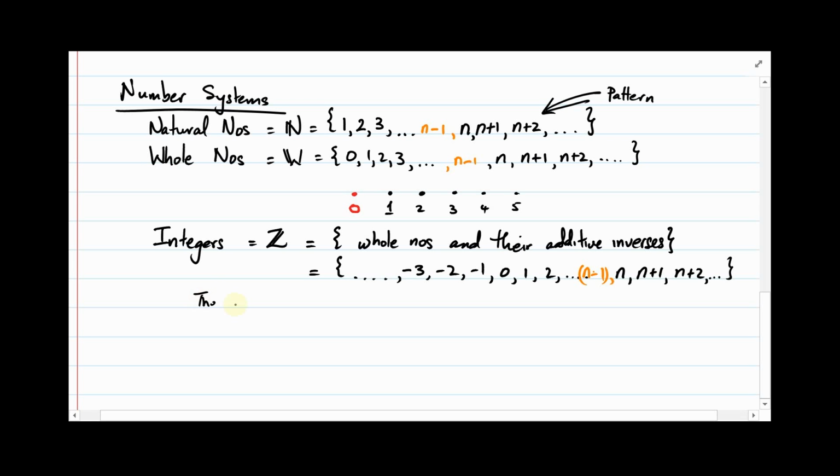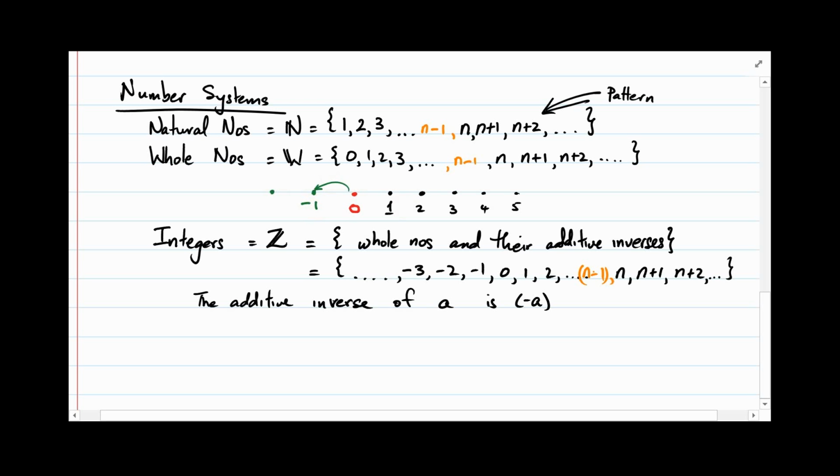All right, what is this additive inverse? The additive inverse of A is -A. So if I have 1, its opposite goes in the opposite direction, right? So it would be one step from 0, but to the left.